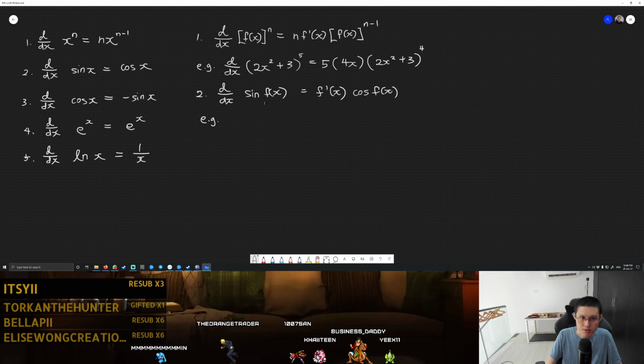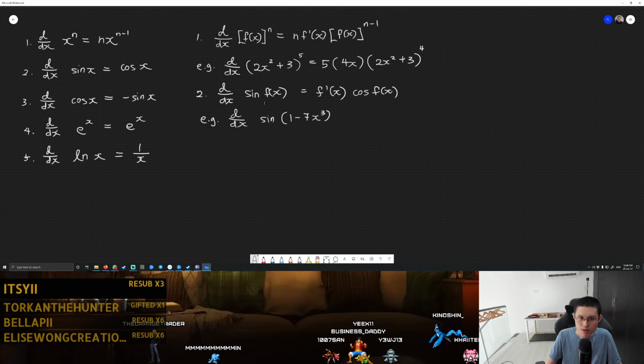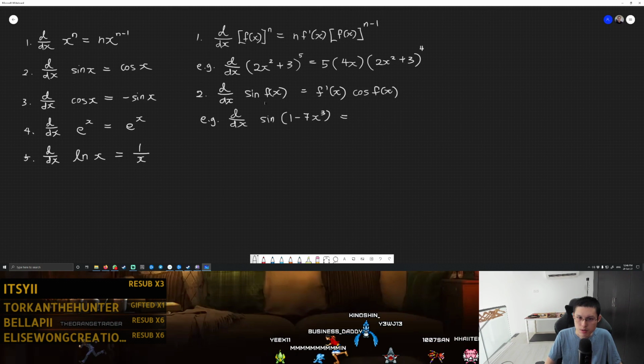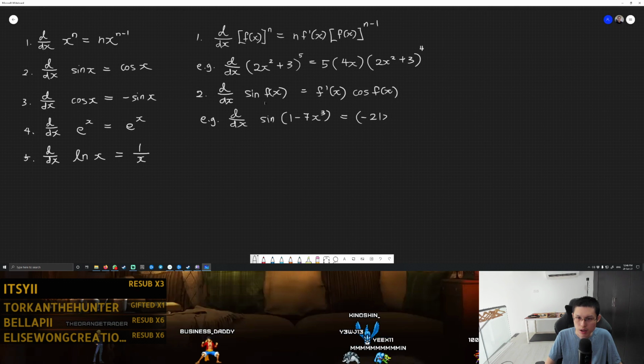Okay, so for example, suppose I differentiate sine of (1 minus 7x cubed). Well, I don't want to put any power, so I'll leave it like that. So what do we get? What happens when you differentiate 1 minus 7x cubed? We get negative 21x squared, right?